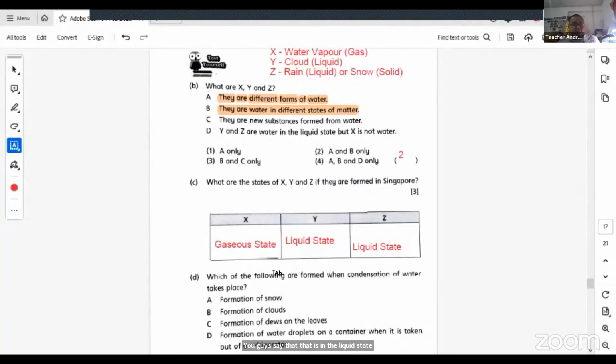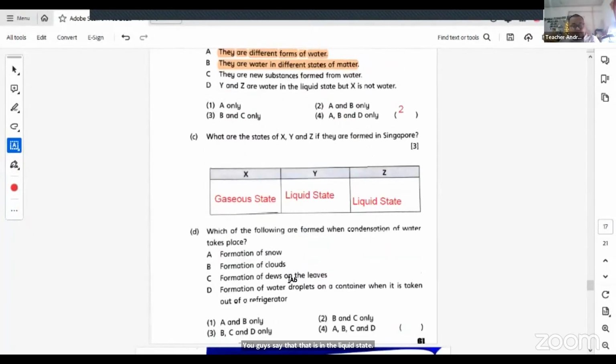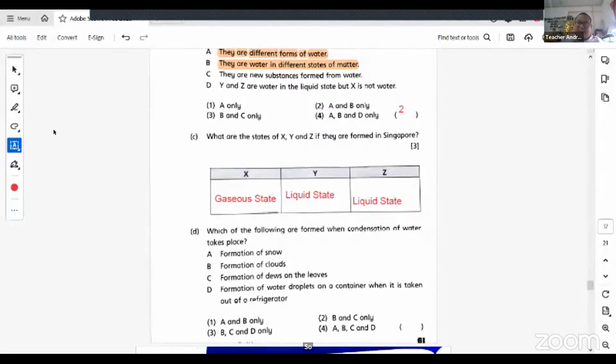All right. Next up: which of the following are formed when condensation of water takes place? We have formation of snow, formation of clouds, formation of dew, and formation of water droplets in a container. Condensation of water must definitely involve something that touches a cold surface or is in a cold surrounding.